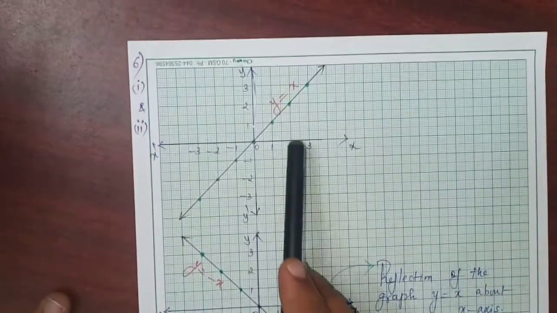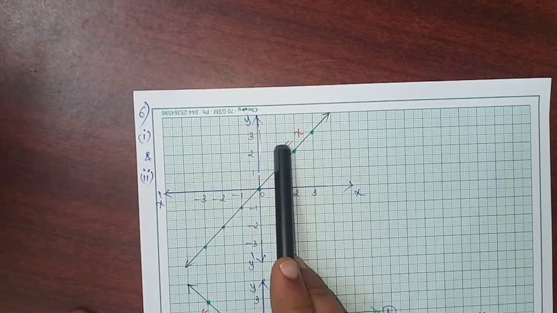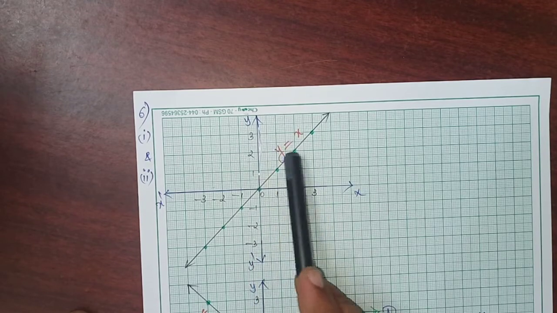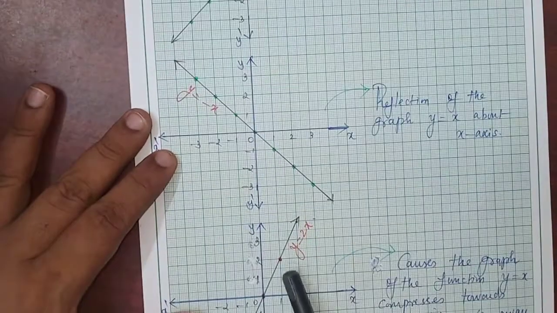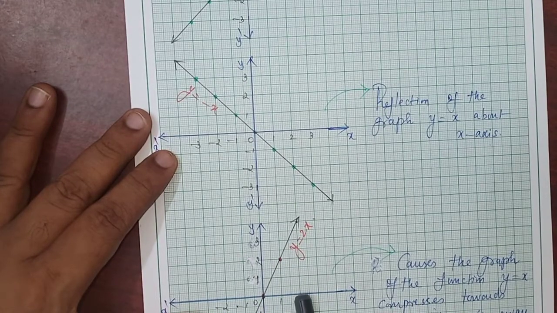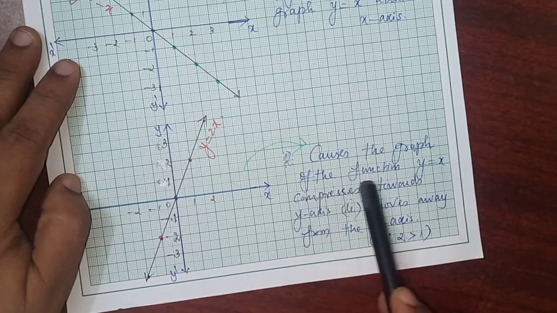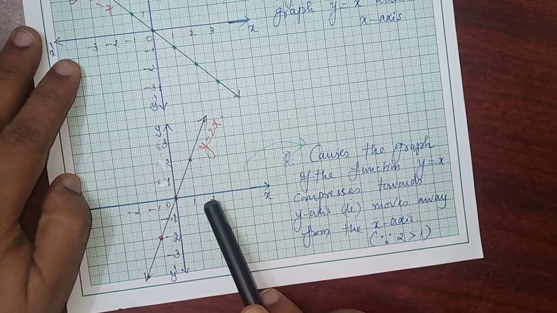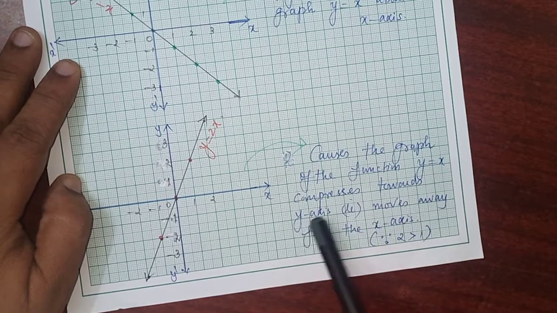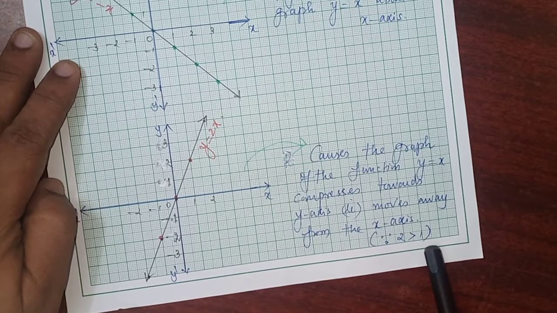Therefore, y equal to x compresses towards what axis? Y-axis. Look at that. Compresses towards y-axis. Even we can say it is moving away from x-axis. This graph of the function y equal to x compresses towards y-axis and moves away from x-axis since 2 is greater than 1.